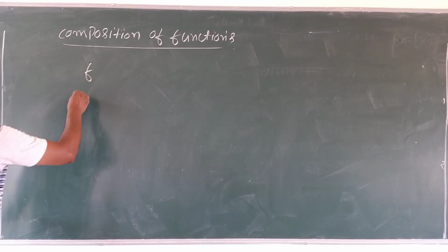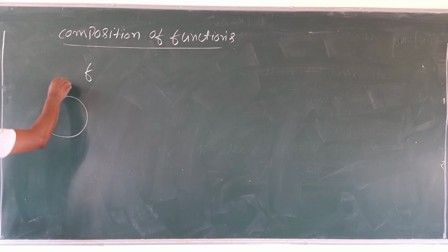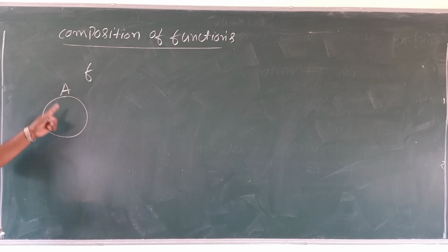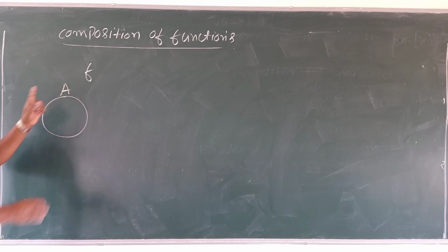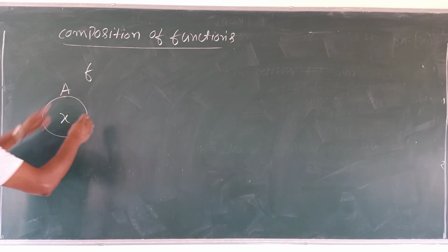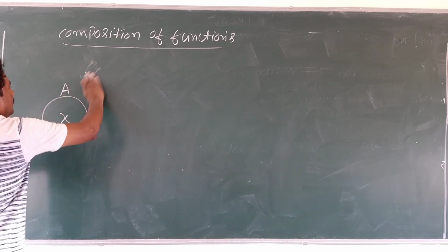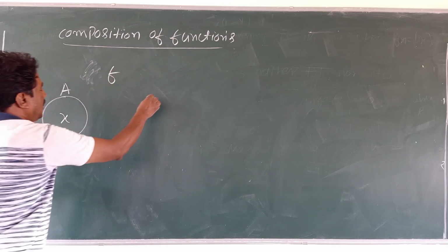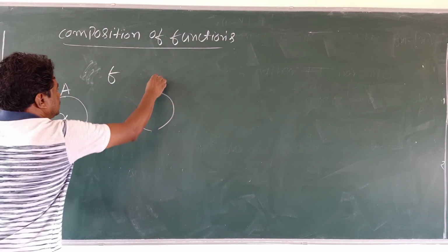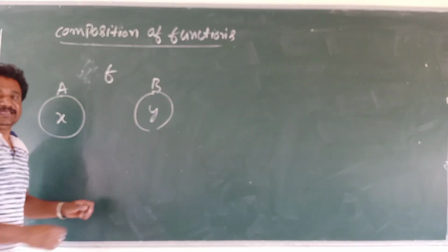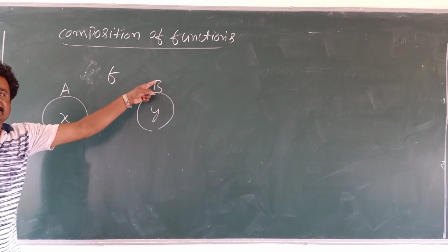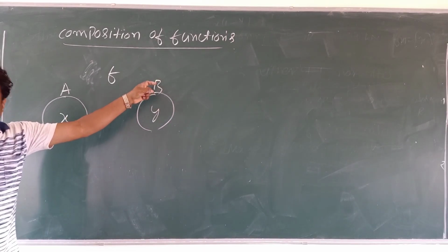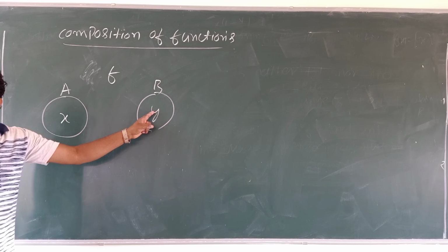Let F be a function from set A. You take elements of the set A as x. F is a function from set A into set B. Set B contains the elements as y.